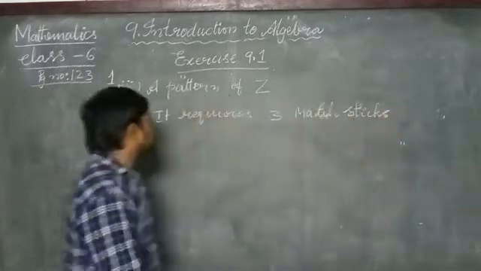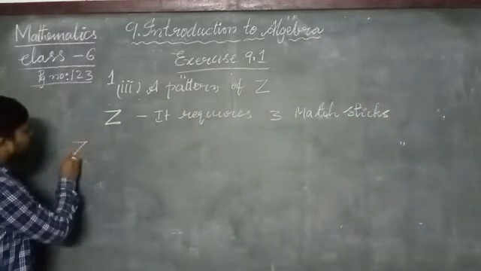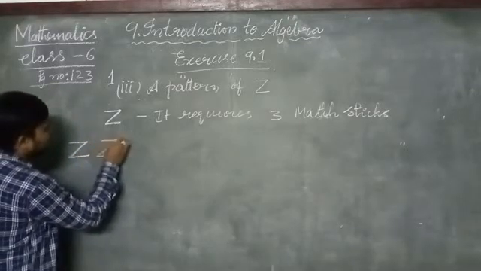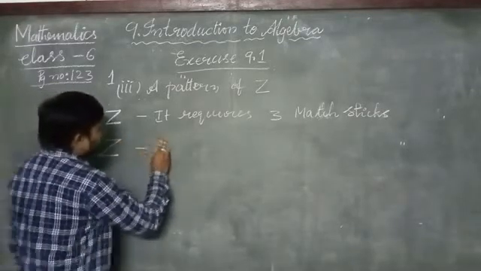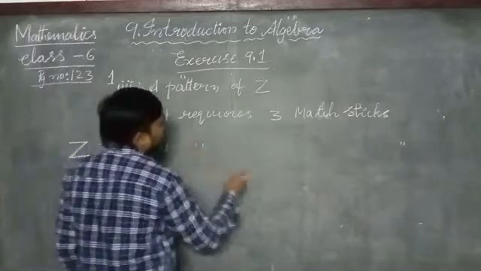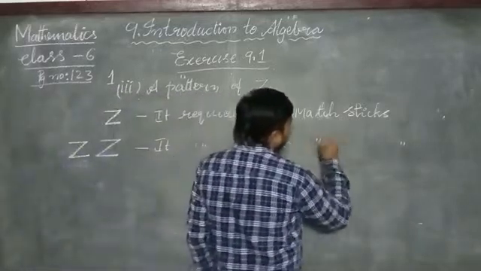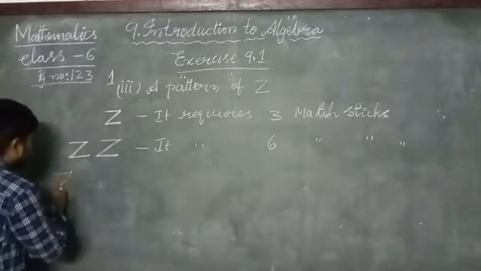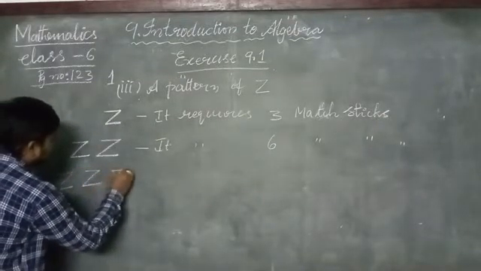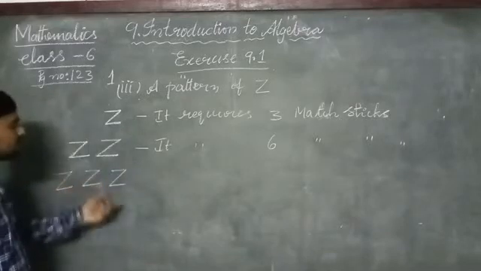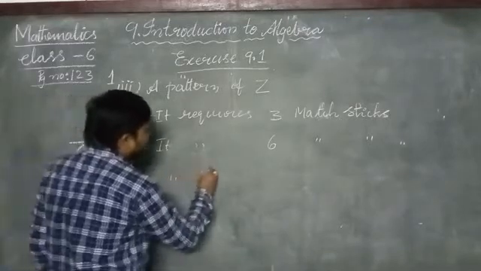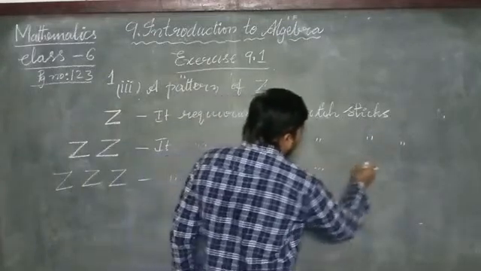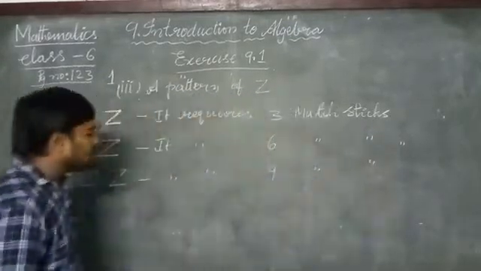Suppose if you want to make 2 Z's, it requires 6 matchsticks. Okay. Suppose if you want to make 3 Z's, it requires 9 matchsticks. Okay.